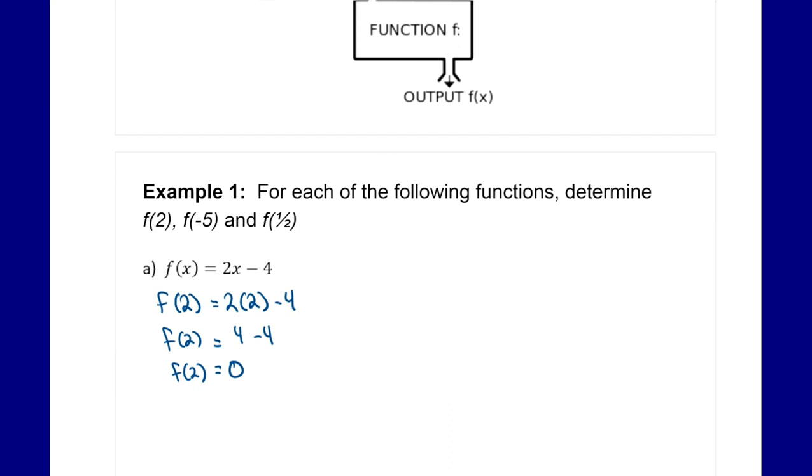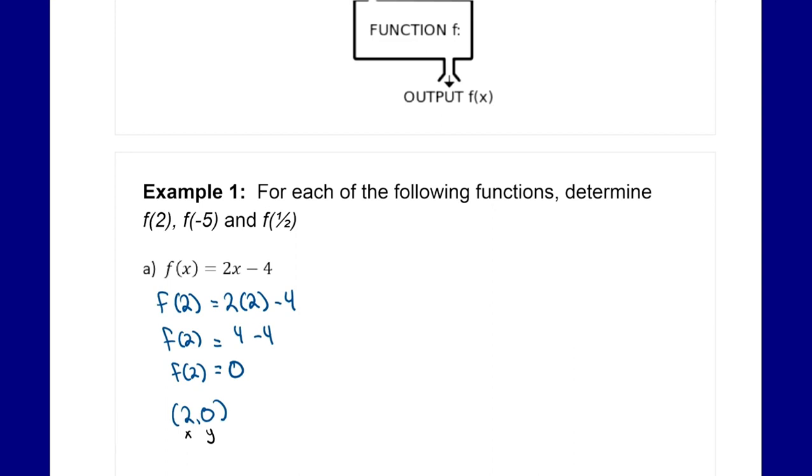F at 2 is basically just one singular term. It's telling us the function at 2 is equal to 0. So that tells us that we have the point (2, 0), our x value and then our y value, our coordinates.